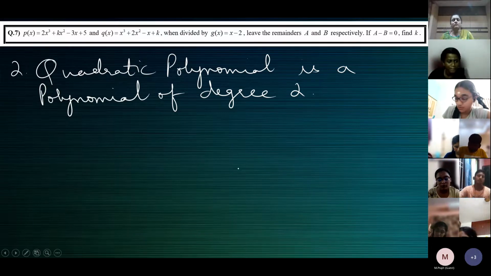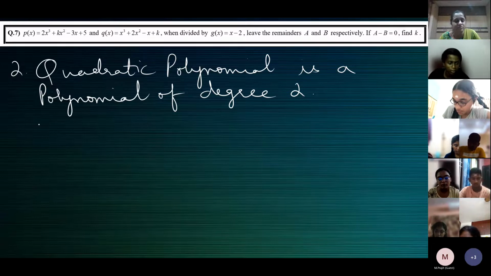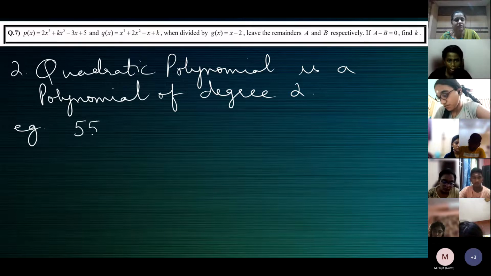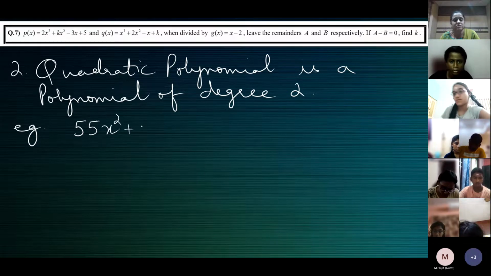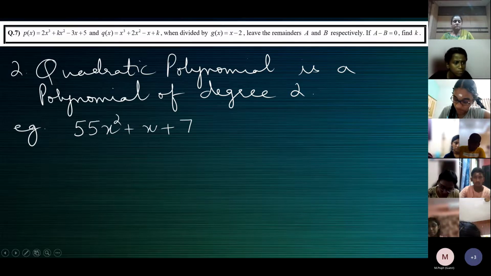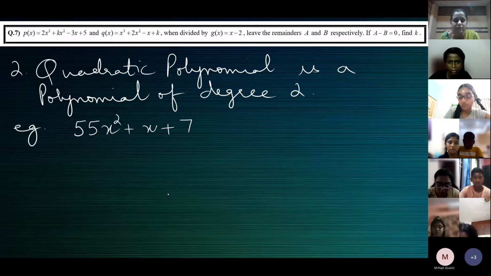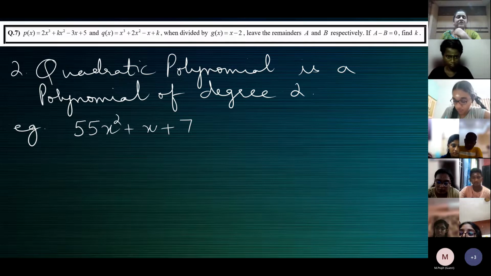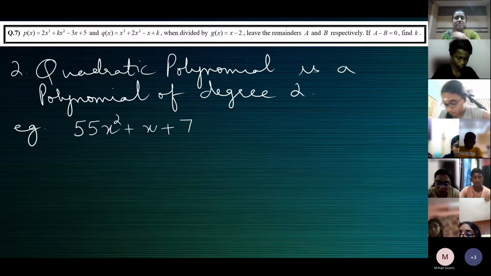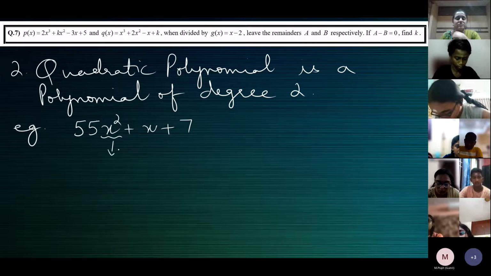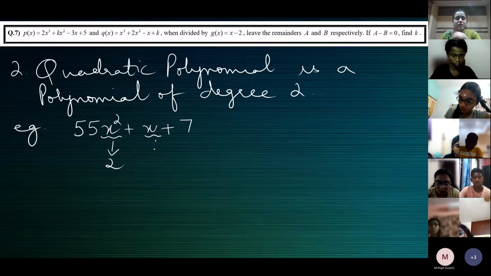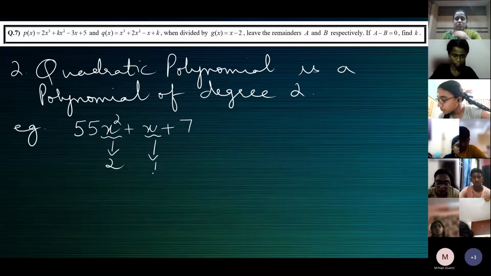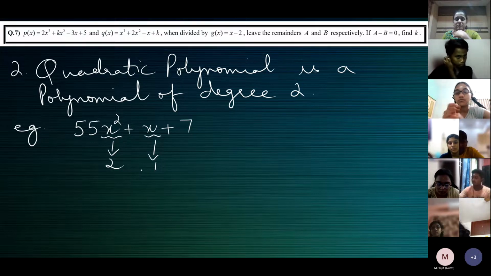Example: 5x square plus x plus 7. Is this a quadratic polynomial? Yes, ma'am. It is a quadratic polynomial because the power of x here is 2, the power of x here is 1, and the highest power is 2.